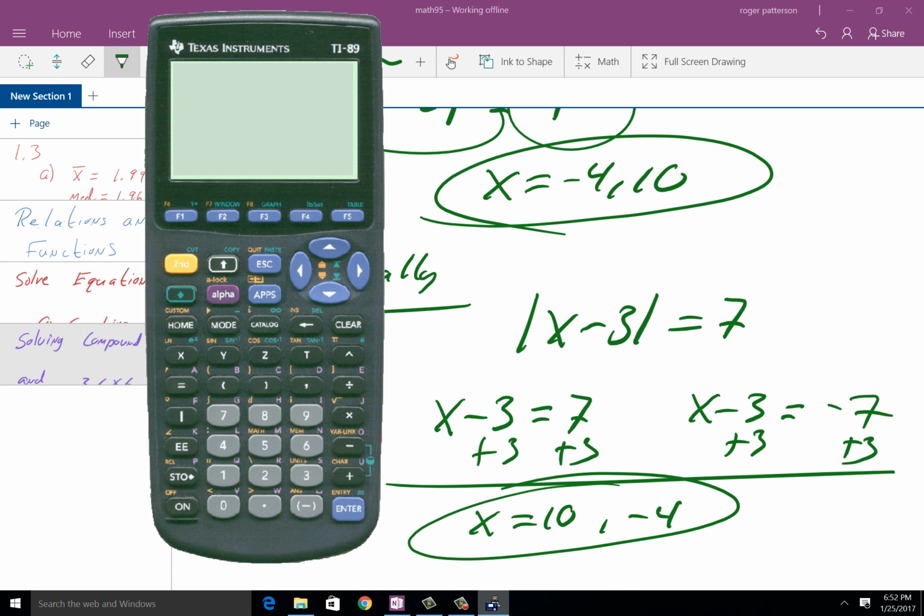On the 89 or 83 that you have, clear. For the 89, you can just type ABS again. That's going to work. So you have to hit the alpha key. And if you hit the alpha key twice, you don't have to keep hitting it.